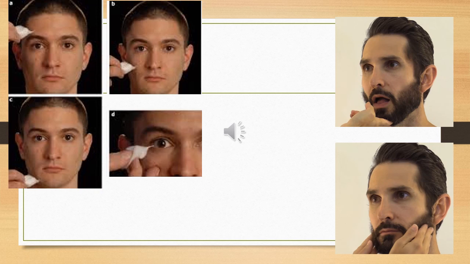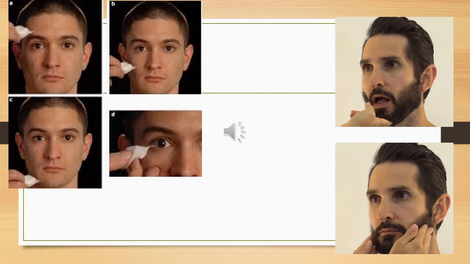Figure D is how to examine the corneal reflex. You ask the patient to look straight or away from you, and you touch the cornea. This should lead to blinking of both eyes. The afferent nerve is the trigeminal nerve, the ophthalmic division, and the efferent is the facial nerve.